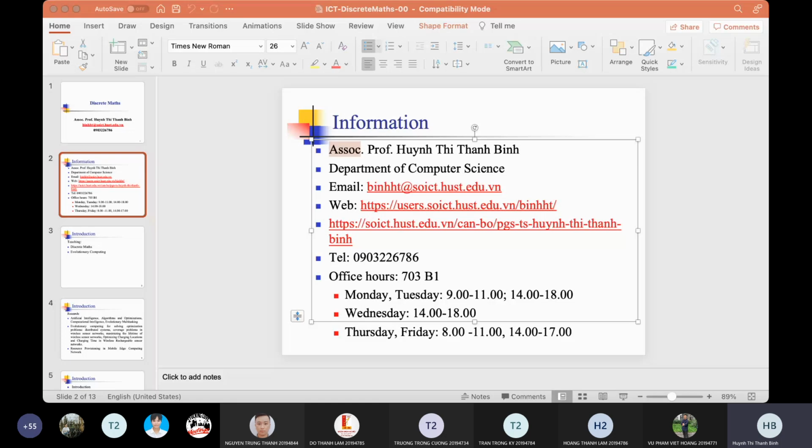I will make a schedule for different groups, and maybe you will work with me and with my PhD students, my master students, and third year and fourth year students. They will guide you how to join a research project, how to work with a team, and how to apply the algorithm, the knowledge of discrete math for solving some optimization problems.